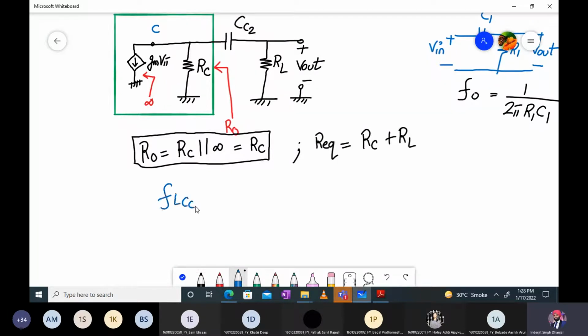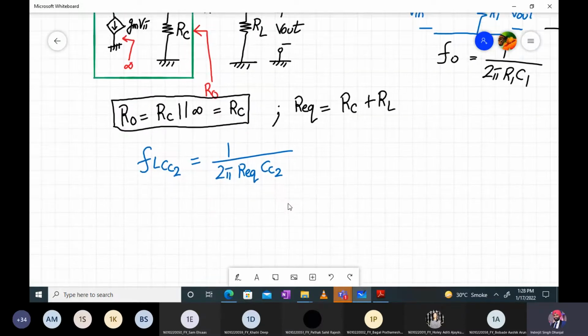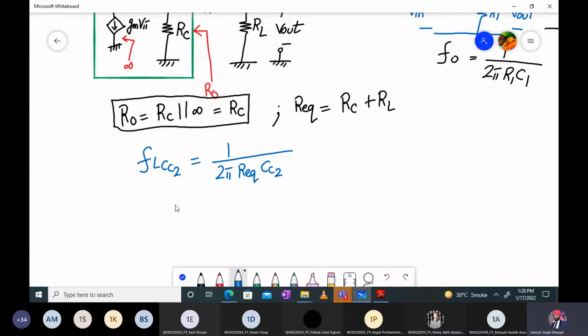FL of CC2 will be equal to 1 upon 2 pi into R equivalent, which is over here, right, into CC2. So finally we can write FL of CC2 will be equal to 1 upon 2 pi into R equivalent, which is RC plus RL.